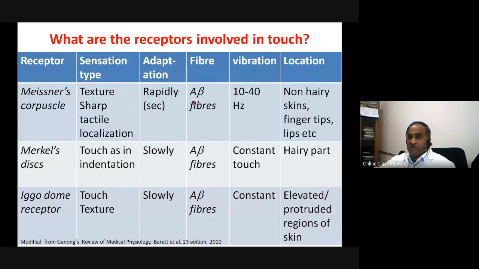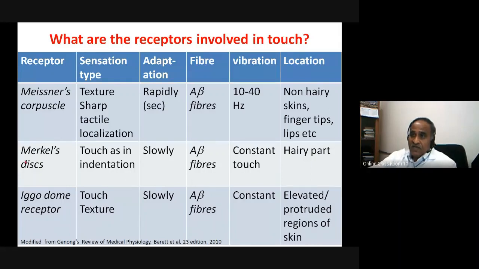Yes, they detect vibration of lower frequency, 10 to 40 hertz. So that means they act as touch receptors as well as vibration receptors. They are present in non-hairy skin, the fingertips, the lips, genitals and other areas.